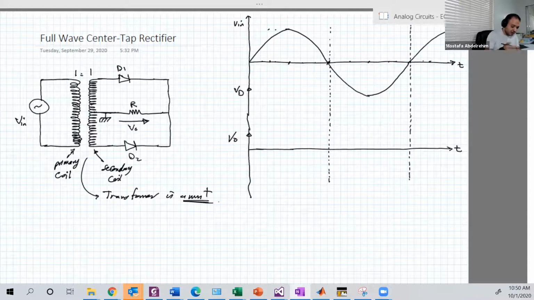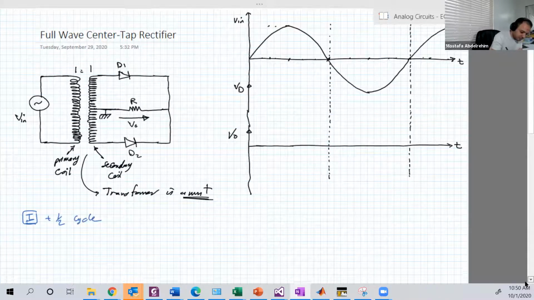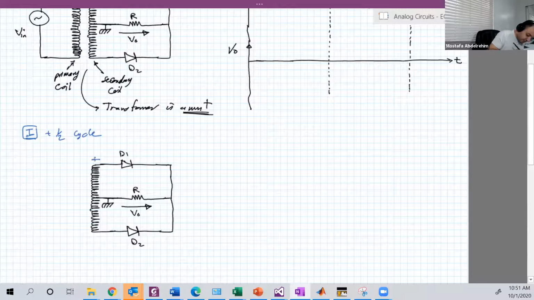So let's analyze it. Again, let's start with the positive half cycle. One good thing about this is it has fewer complications than the other one, as we will see now. So in the positive half cycle, we have positive, negative.